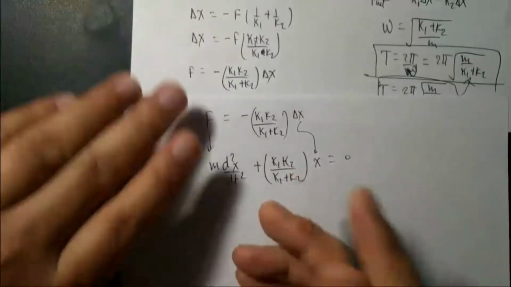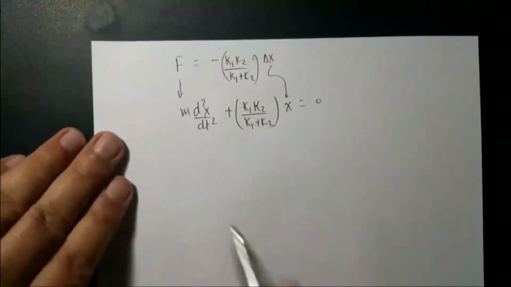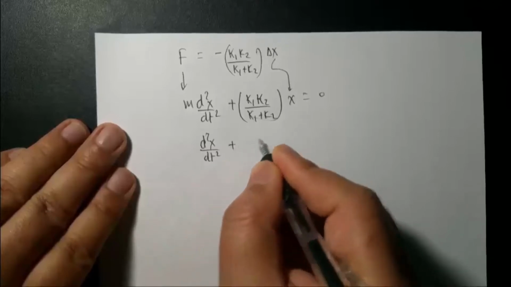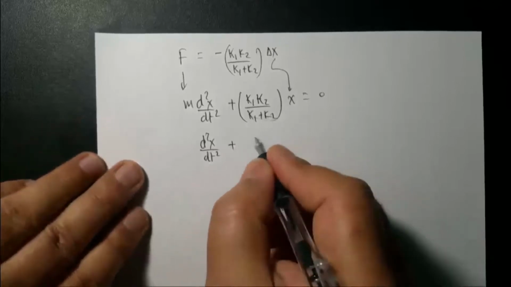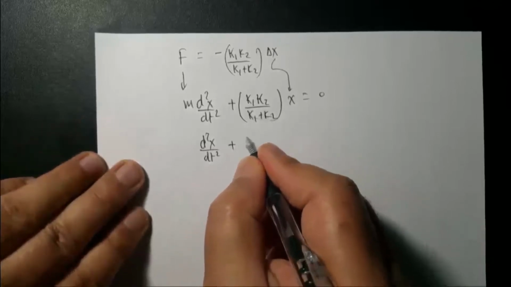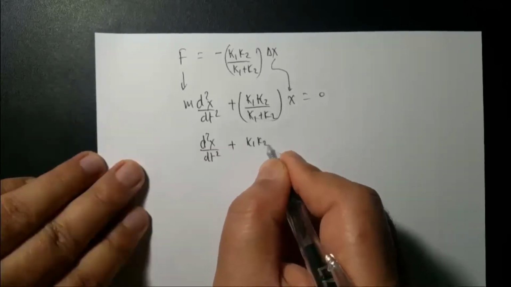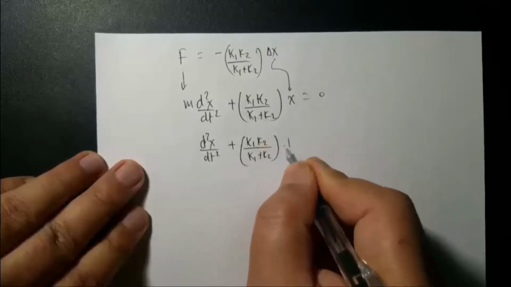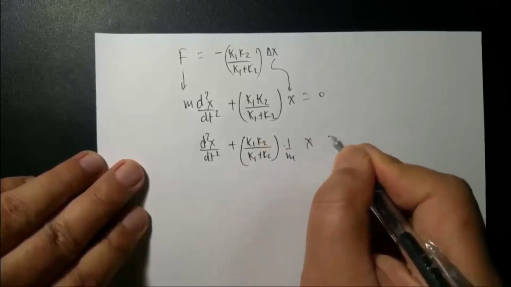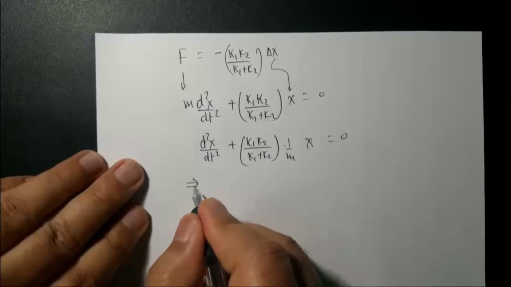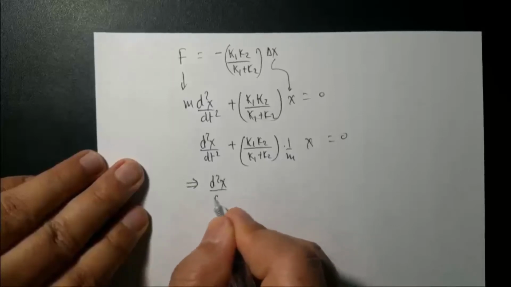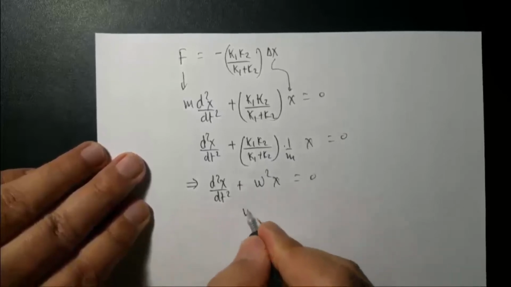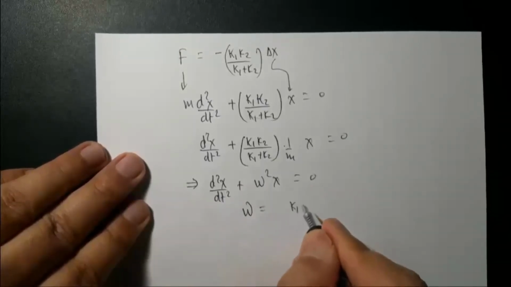Divide both sides by mass, so d square x over dt square plus k1 k2 over k1 plus k2, divided by mass, times x equals 0. You can compare it with the standard differential equation, d square x over dt square plus omega square x equals 0.